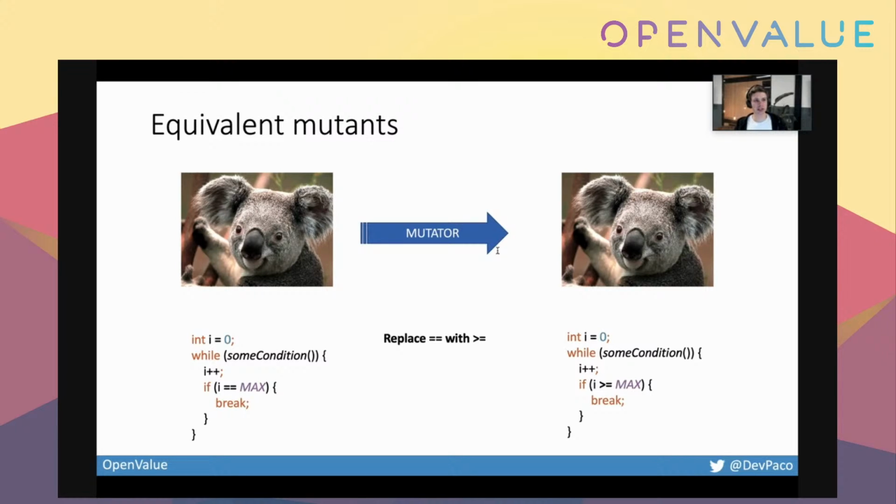If I changed i equal to max into i larger than max, it would still break as soon as i hits max. So the larger-than mutation is functionally not any different from the original. It cannot be detected. So you have a mutant that will be there and you can never detect it, and that's also not automatically detectable at this point. So keep that in mind when going through the reports.